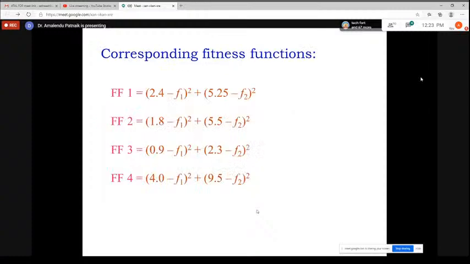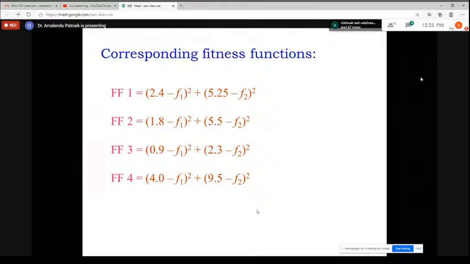So we have applied that, and we have used a simple cost function, because in the first antenna designing problem, my requirement is these two resonant frequencies, 2.4 and 5.25 gigahertz. So I have used this simple fitness function, (2.4 minus f1) squared plus (5.25 minus f2) squared.